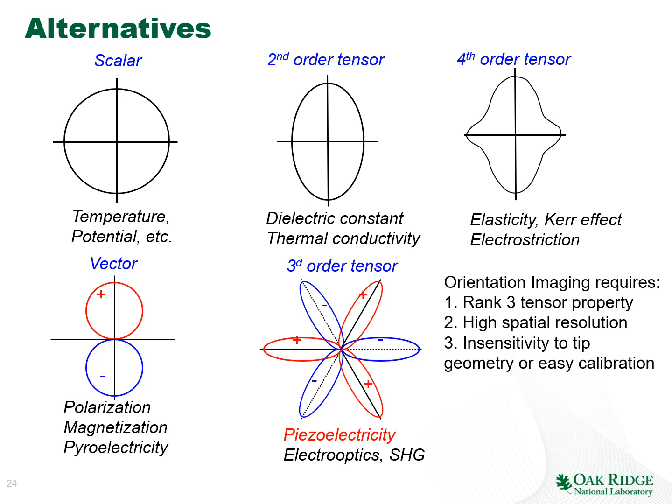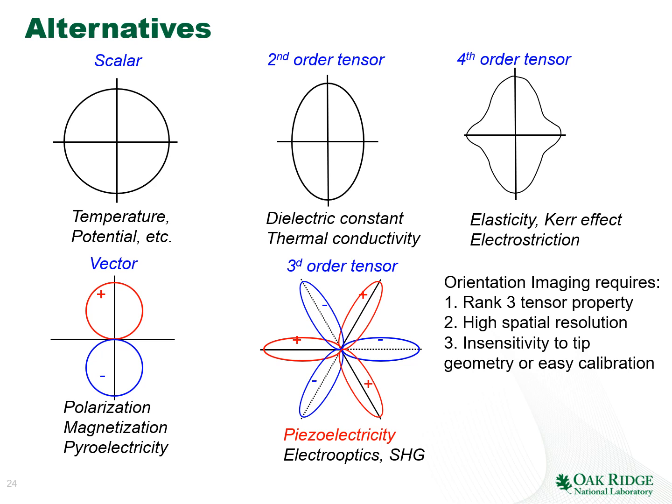So we really want to measure a rank 3 tensor property. We want to have high spatial resolution, because if we don't have it, then it's really not worth doing. And we also have to be relatively insensitive to the tip geometry, or the signal should be easy to calibrate. It turns out that directly measuring polarization and magnetization is actually pretty difficult, because they tend to be measured indirectly, only through the stray fields above the surface.